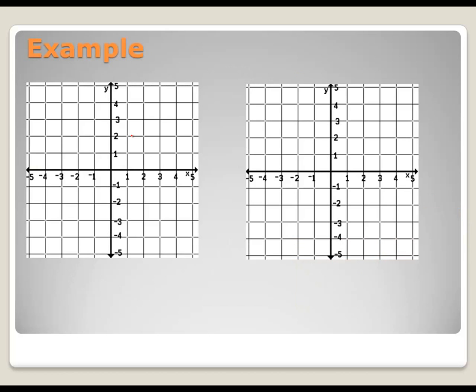So here are some examples of what I'm talking about. Suppose we have this function right here. It passes the vertical line test, so we know that it is a function. However, if we do the horizontal line test, we can see this function is not one-to-one, therefore it does not have an inverse.